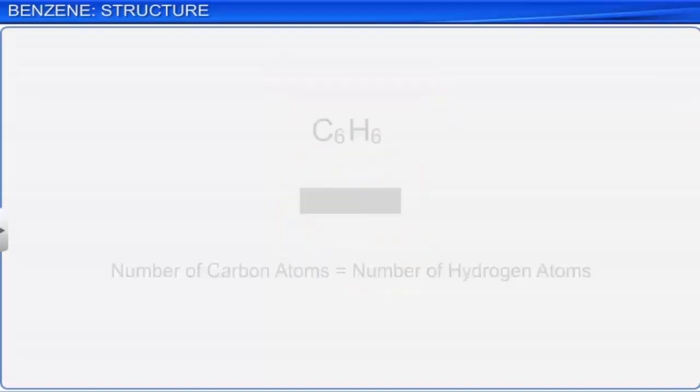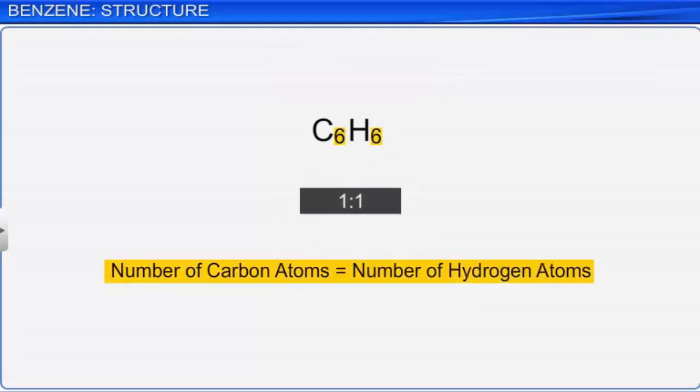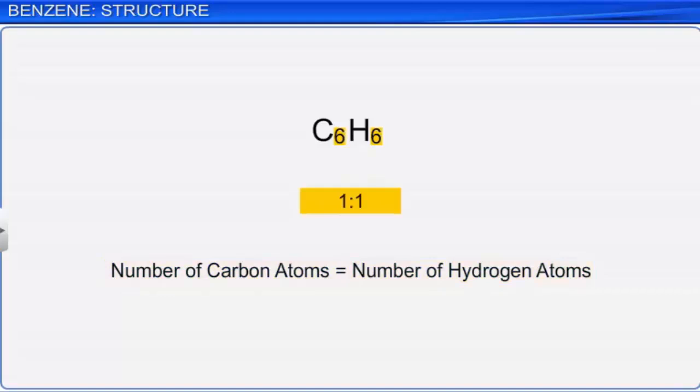The ratio of carbon to hydrogen in benzene is 1:1, which is evident from its molecular formula C6H6. This fact tells us that it is a highly unsaturated compound.